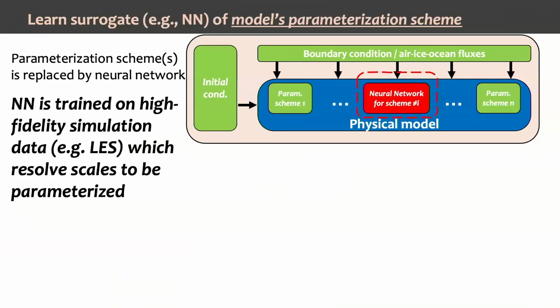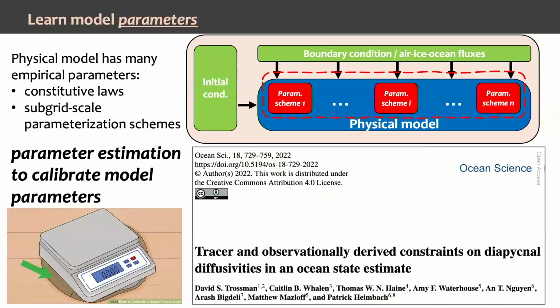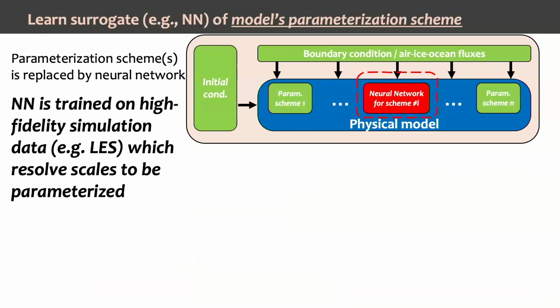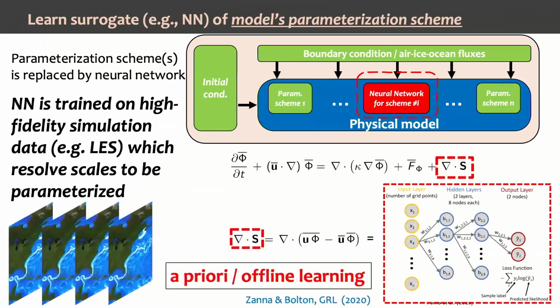The idea recently has been: what if we replaced one of these parameterization schemes, for example, by a neural network? There's been some really successful work, and I'm constraining myself to the ocean. There's similar work, maybe even more advanced, in the atmosphere. But here, this is work by Laura Zanna and Bolton, whom you probably know very well.